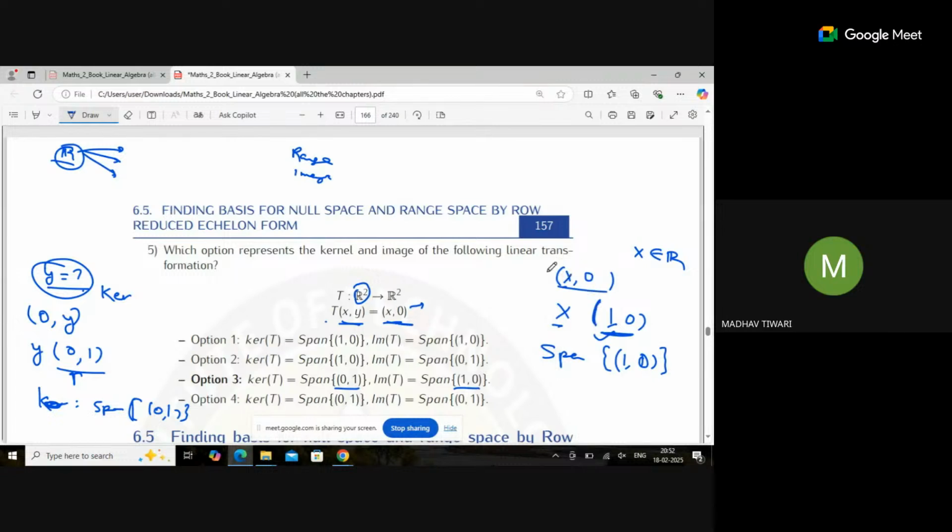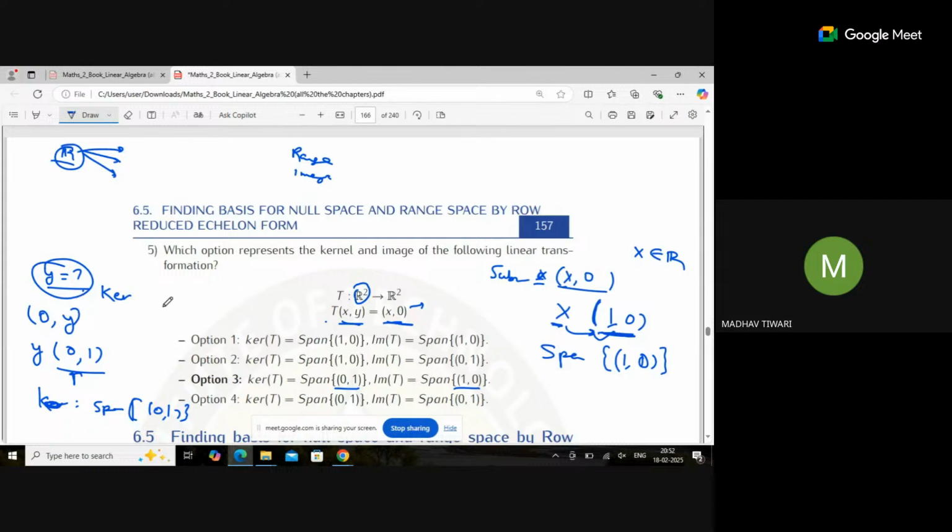I can move this variable outside, and what will I have left here? (1, 0). So I can say that it is a linear combination of this vector. If it is my subspace, it can be spanned by a set that has only this vector. This vector is enough to span all these vectors.